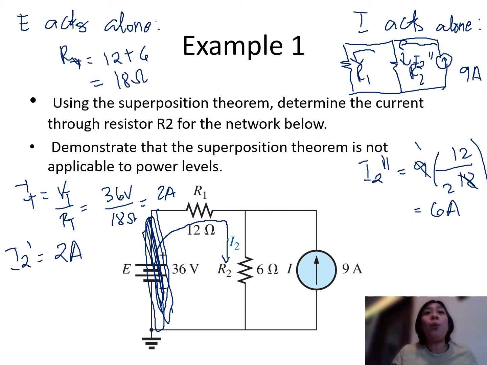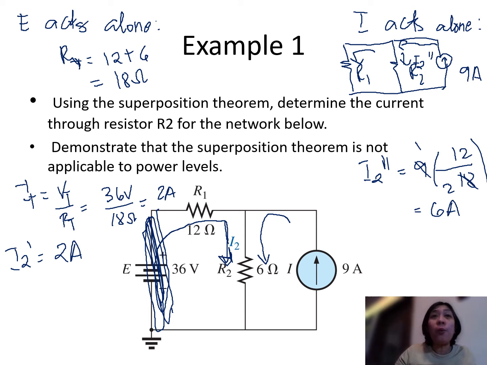When your voltage source is acting alone, this is the direction of our current. When the current source is acting alone, this is the direction of your current. As you can see, they have the same direction. So if they have the same direction, all we have to do is add them.